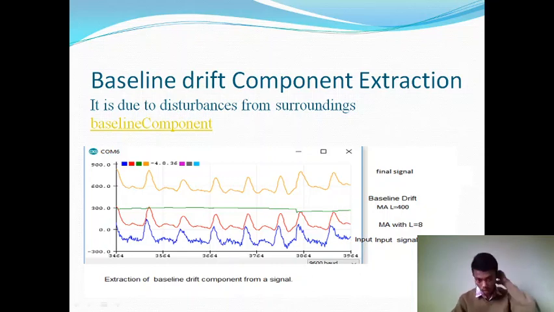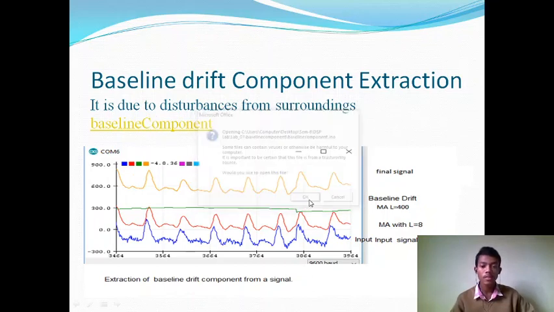First, this is the input signal. I will pass this signal through a moving average with L equal to 8, so I got this signal. As I mentioned earlier, the baseline drift component is a very low frequency component which is added due to disturbances.